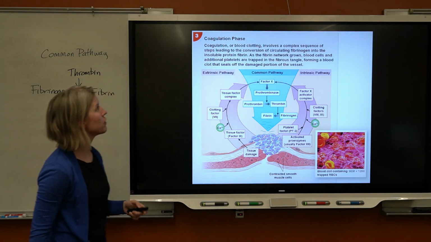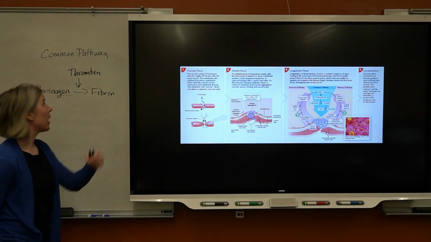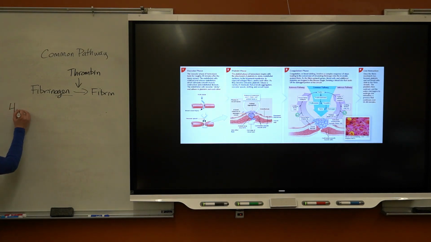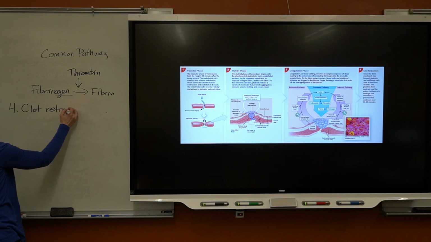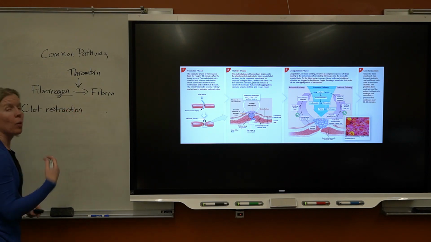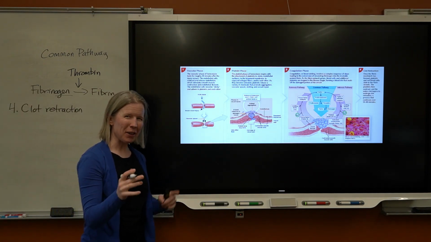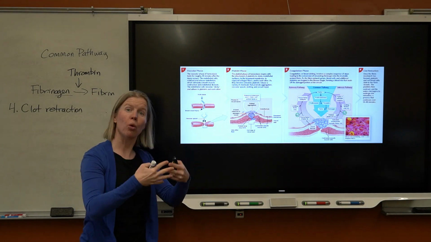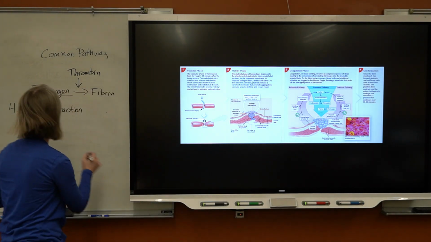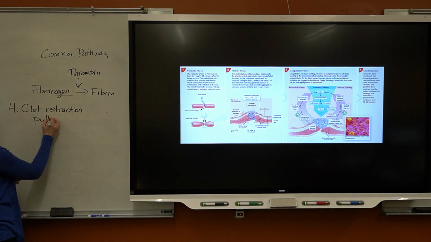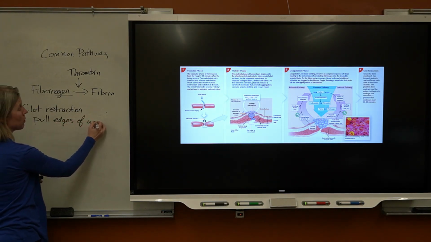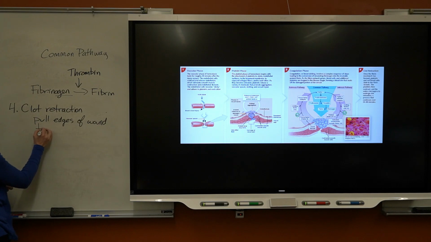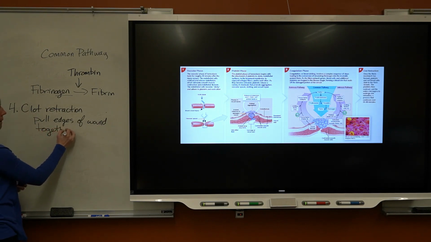That's the coagulation phase. Our fourth and final phase is clot retraction. We mentioned this with the platelets as well, right? They are able to pull the edges of the wound closer together. Right?